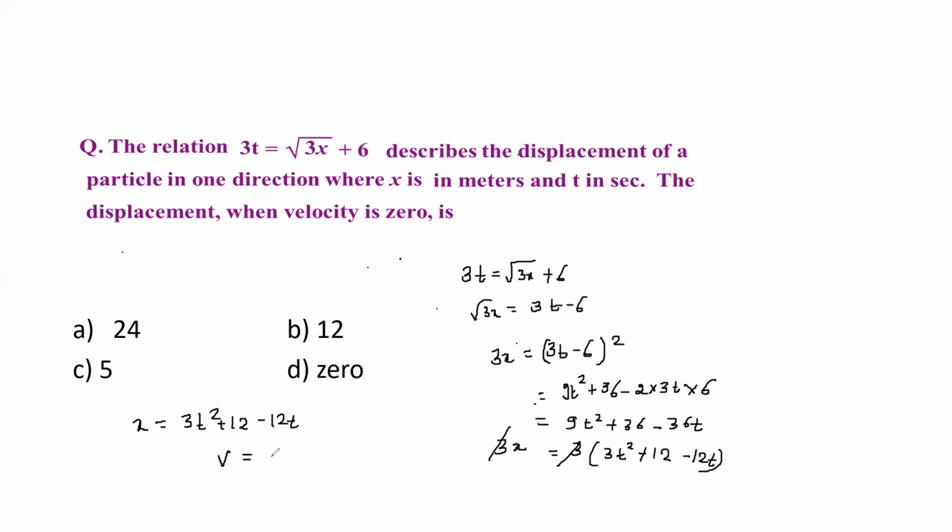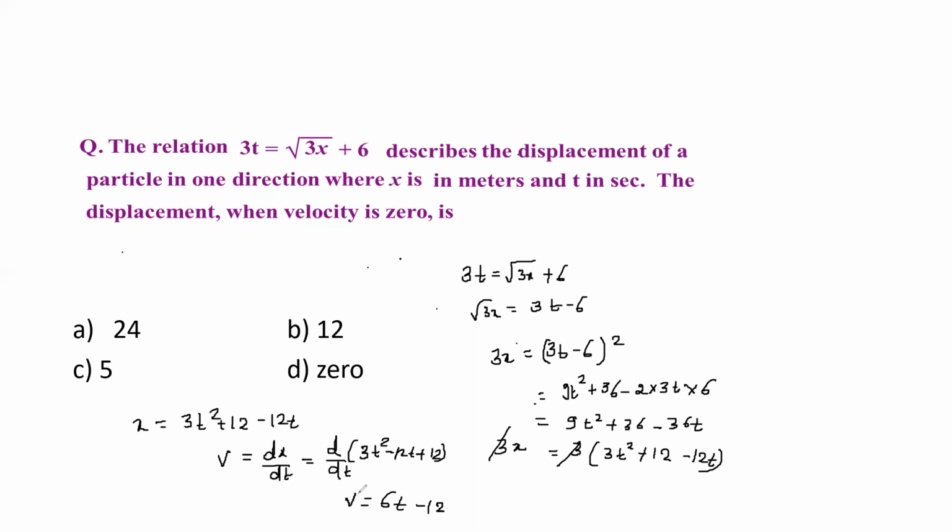What is velocity? Velocity is nothing but dx divided by dt. That is equal to d by dt of the x value, 3t square minus 12t plus 12. Simplify this one. So if you simplify, you are getting it as 6t minus 12.